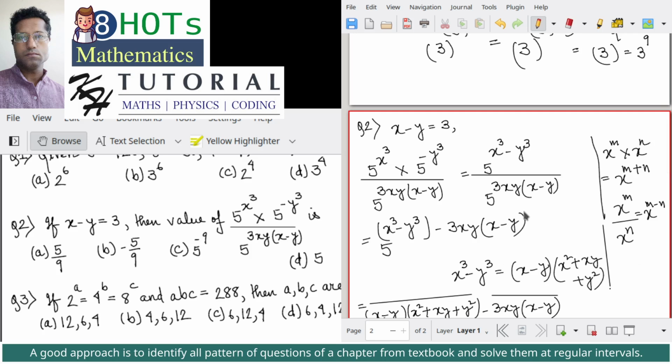So in the first step, we have 5 to the power x cube multiplied by 5 to the power minus y cube. So we just add up the powers, and we have 5 to the power x cube minus y cube.